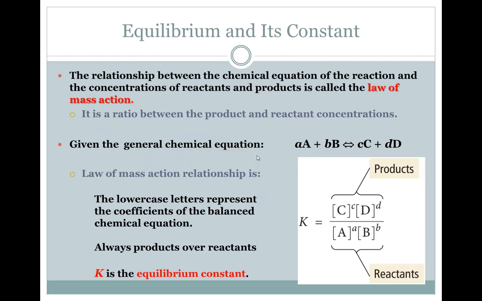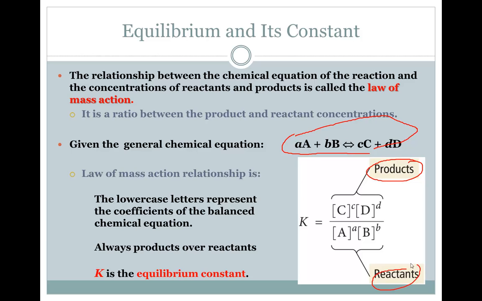The relationship between the chemical equilibrium of the reaction and the concentrations of reactants and products is called the law of mass action. This is a ratio between the products and the reactant concentrations. So if we have a generic chemical equation here, this ratio is going to be written with the products over the reactants.